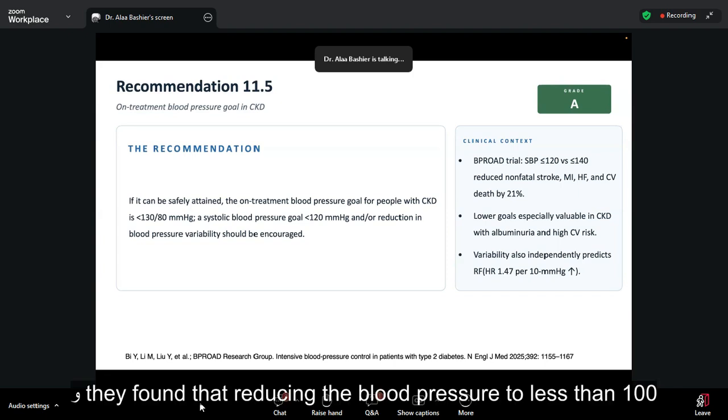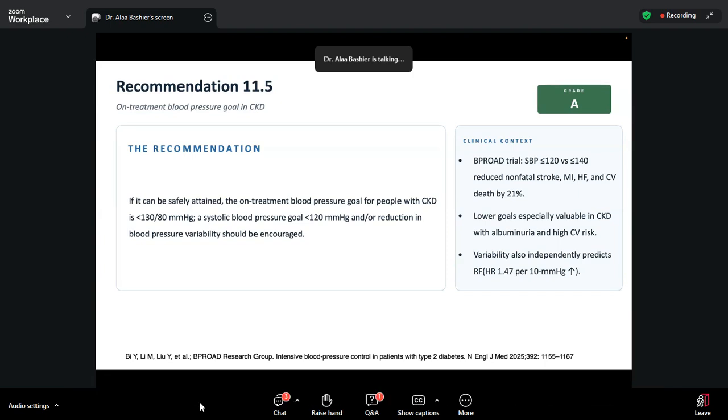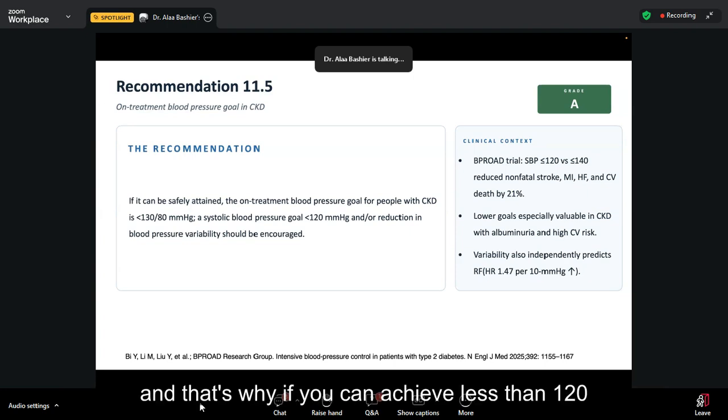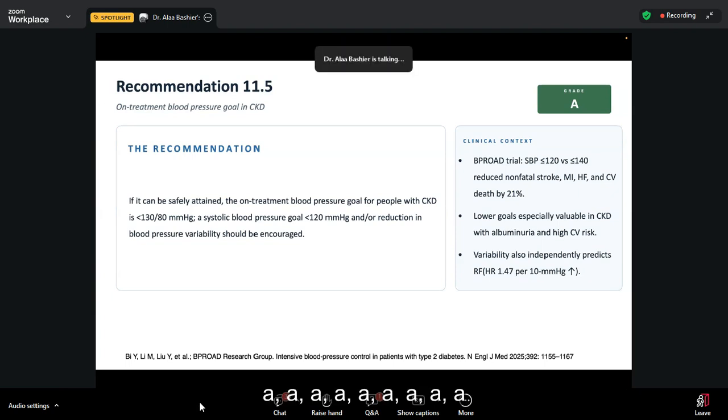And they found that reducing the blood pressure to less than 120 actually reduced the non-fatal stroke, myocardial infarction, heart failure, and cardiovascular death by almost 21%. And that's why if you can achieve less than 120, then that's the goal.